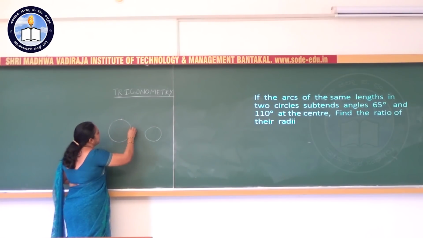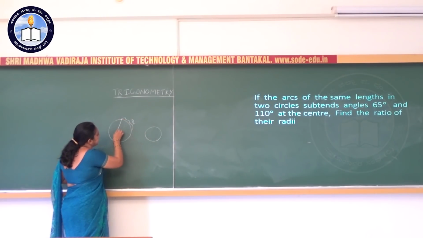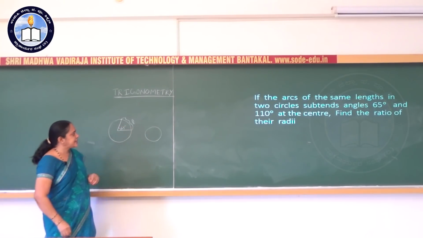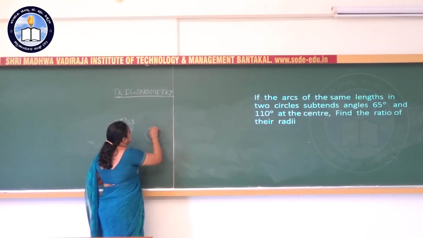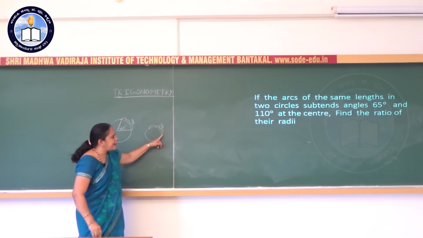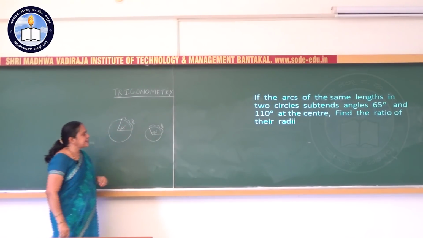an arc of length L, in one circle it subtends an angle 65 degrees at the center of the circle, and in another circle the arc of the same length L subtends an angle 110 degrees at the center of the circle.